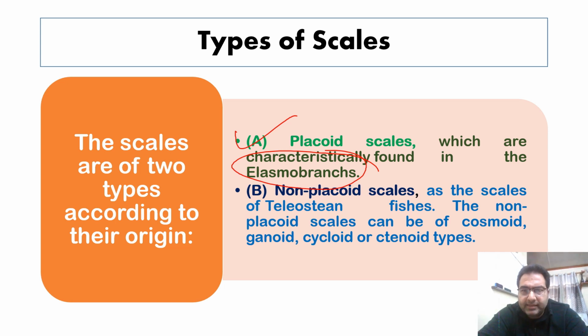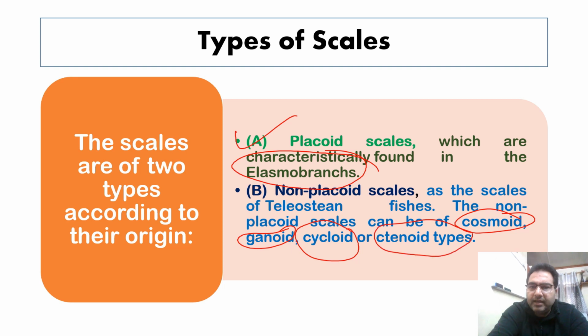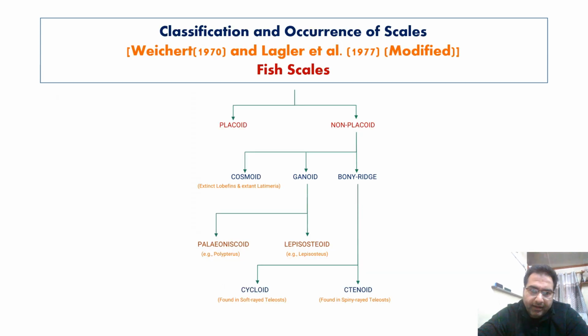Non-placoid scales are the scales of teleostean fishes, and they can be cosmoid, ganoid, cycloid, or ctenoid types.